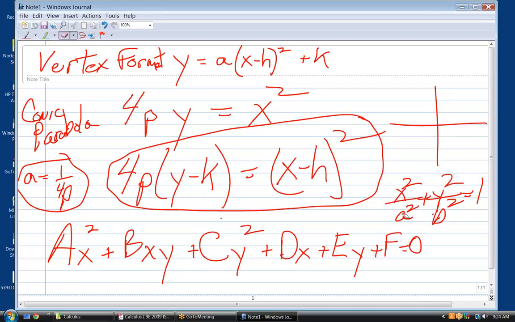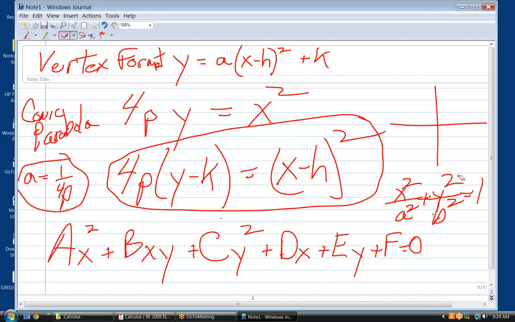We have similar things for circles and everything. But if I gave you a general second degree equation, you would be able to figure out what kind of conic it was based on its signs and the existence of that and all of this stuff.